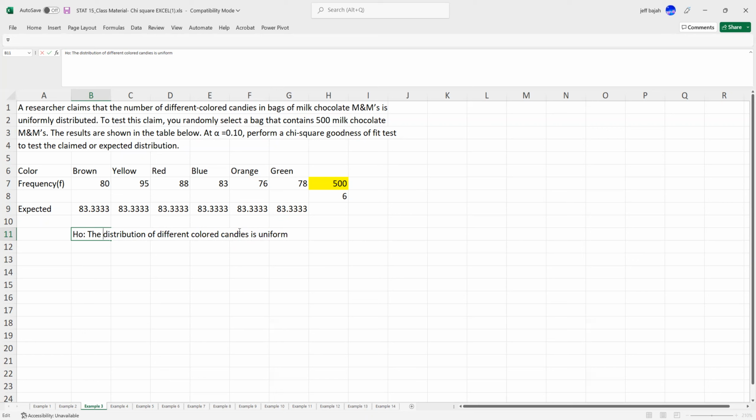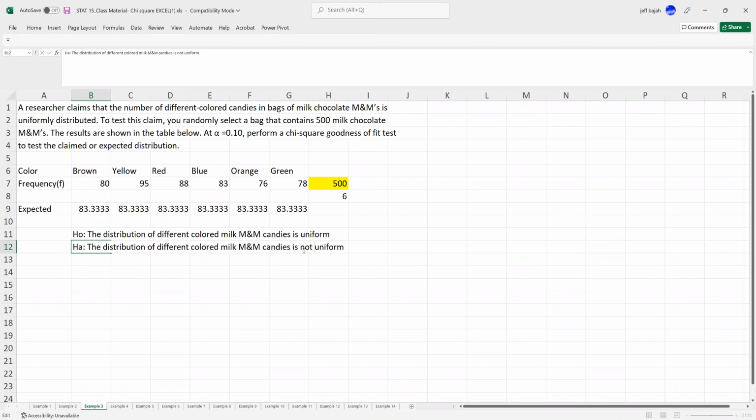The distribution of colored M&M's candies is uniform, right? And then for H sub A, I'm going to say it's not uniform, right?